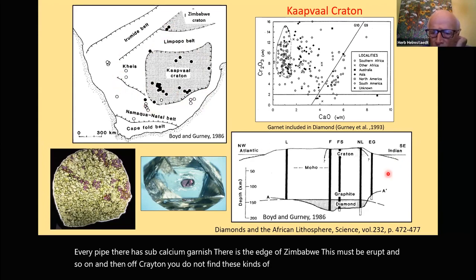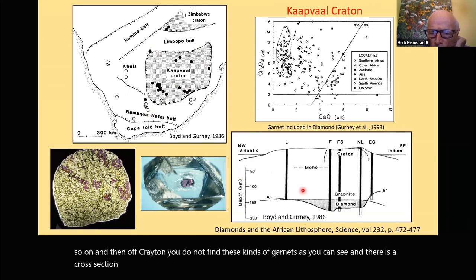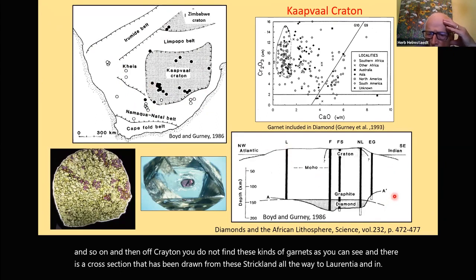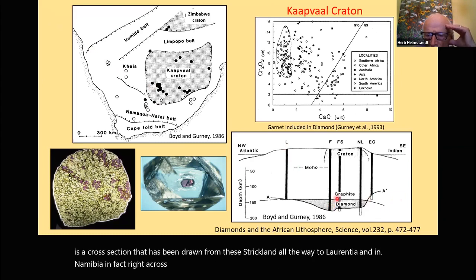And there's a cross-section that has been drawn from East Griqualand all the way to Namibia, in fact, right across Southern Africa. And here you can see what became the type example of a lithospheric root.